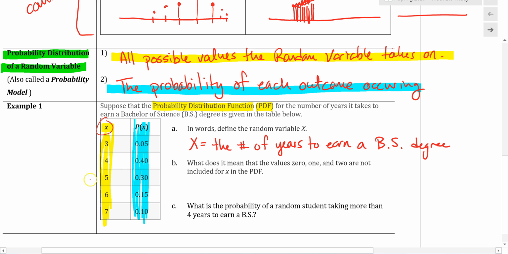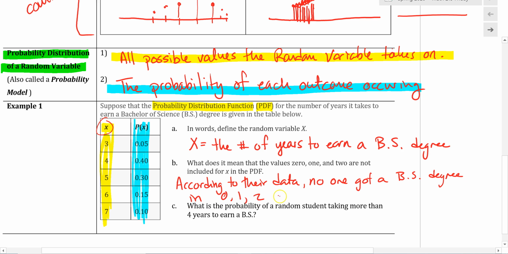Well, what that's indicating is that from the data they looked at, nobody got a Bachelor of Science degree in 0, 1, or 2 years. I mean, that doesn't mean it's impossible. It can happen. It's just not according to what they researched. The probability was 0, so they didn't even bother listing it. If the probability of your event is 0, they just leave it off of the distribution here.